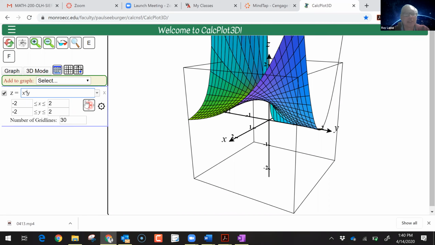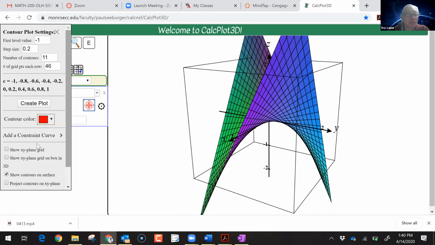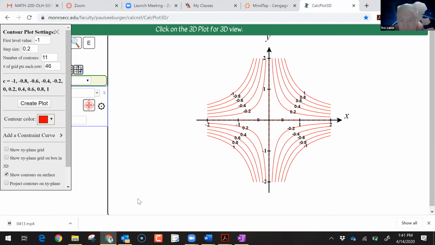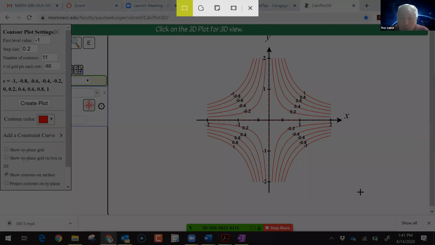Then I'll plot this using level curves, just taking a look at some level curves, create plot. So one thing I want to show you, just to make sure that you're checking your answers.